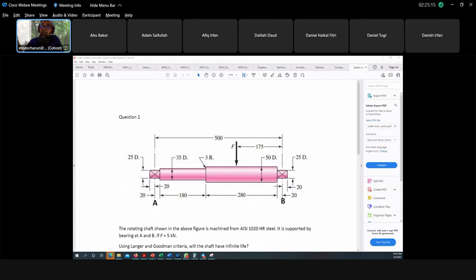So the failure could happen there. So we need to prove whether it fails at F or at the fillet.